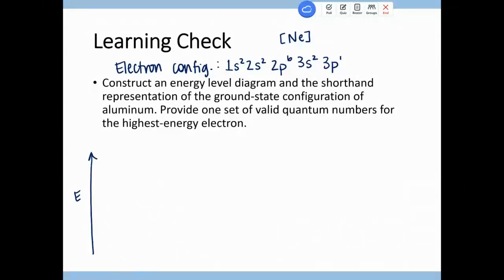That's the electron configuration of neon. To continue and show the electron configuration of aluminum, we write what's in the third row, so 3s2, 3p1. That's the abbreviated version.